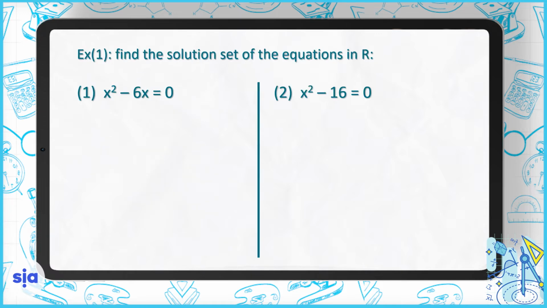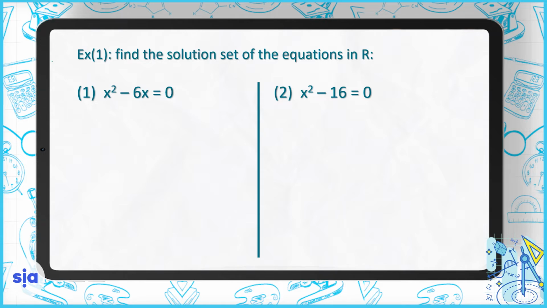Let's go to exercise number 1 that tells us to find the solution set of the equations in R. If x squared minus 6x equals 0, the first thing that we need to do is to factorize the left part. But before we do that, we need to have them all equal 0.